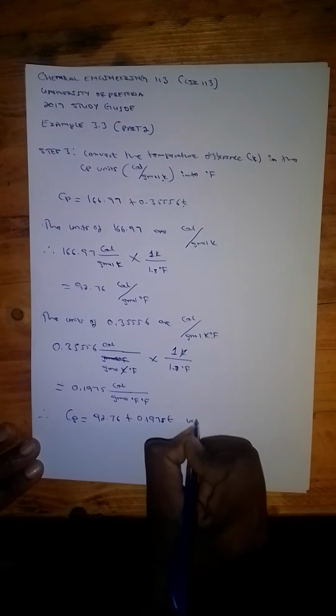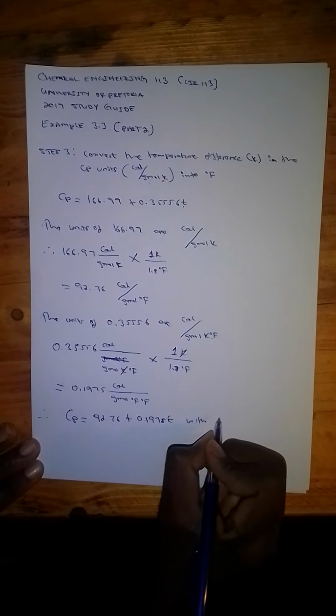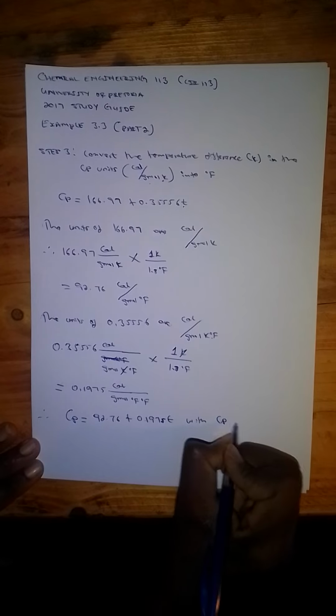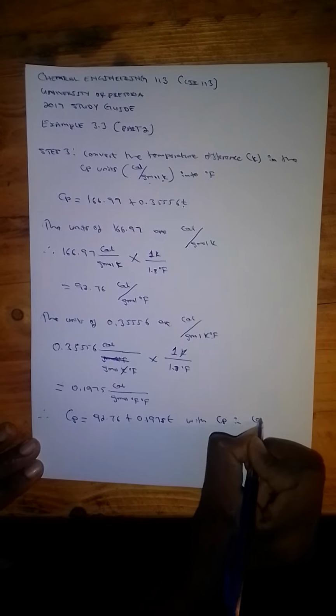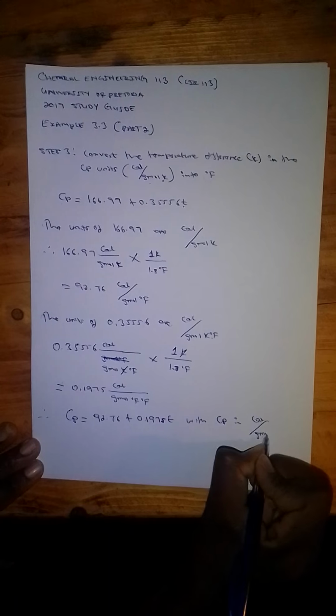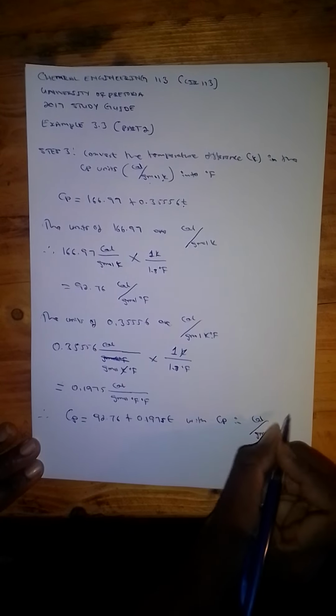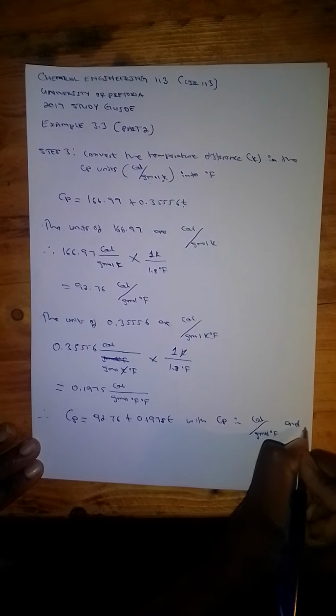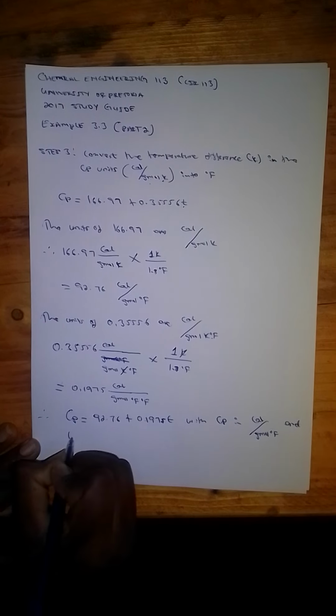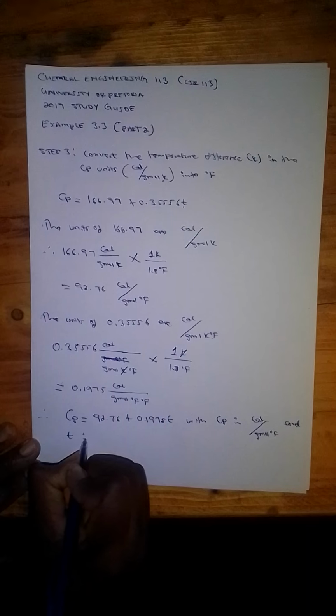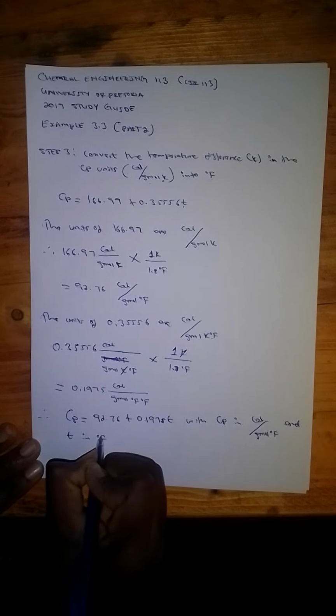With CP in calorie per gram mole degrees Fahrenheit, and T in degrees Fahrenheit.